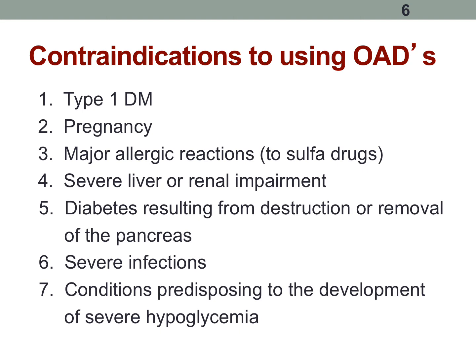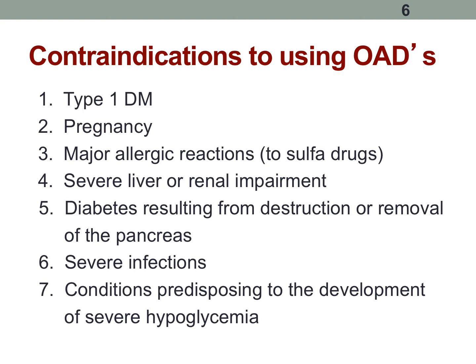Those with severe liver or renal impairment, because many of these oral agents are metabolized in the liver and excreted in the kidney. And diabetes resulting from destruction of the pancreas, because there's nothing to stimulate if your pancreas is no longer functional. In the presence of severe infections, insulin is preferred.